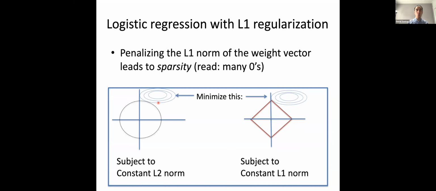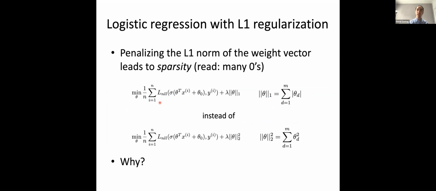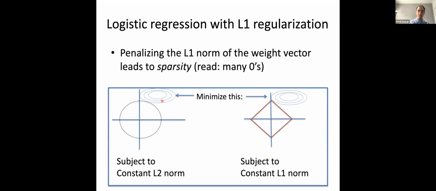And we can think about what solutions it could reach if we were restricting the weight vector to have any constant value according to theta squared, the L2 norm, or any constant value according to the L1 norm. Intuitively, you could think about trading off: if this value were 10 or this value were 10, what solutions does that enable you to find in terms of the original objective function?